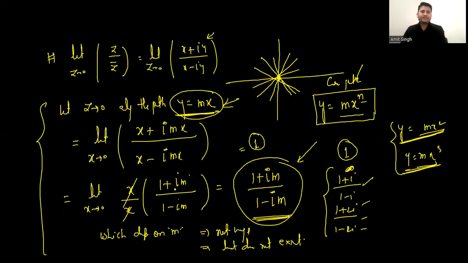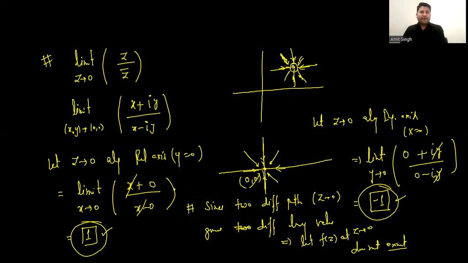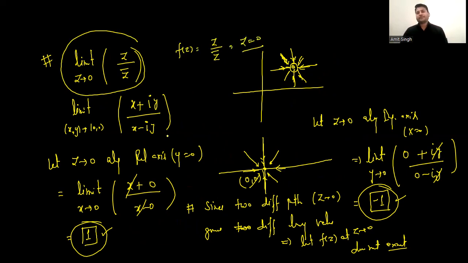For example, if I take this example, f(z) equals z over z bar, z tends to 0. Can I say this function f(z) is continuous at z equal to 0? To say so, I must first find the limit and it must exist.